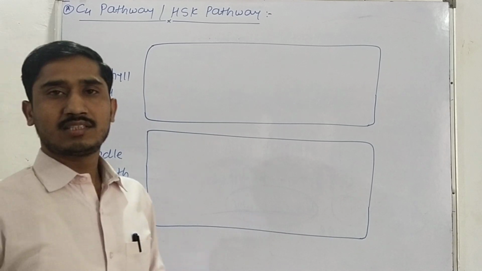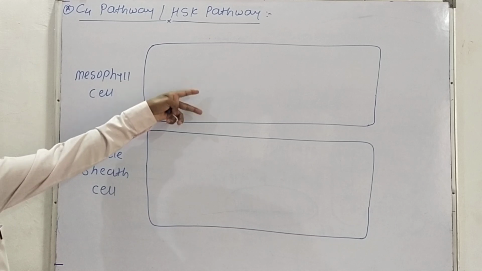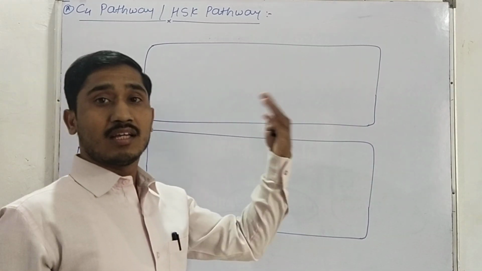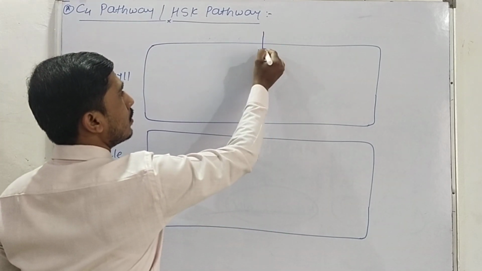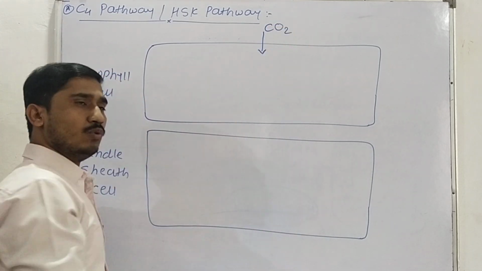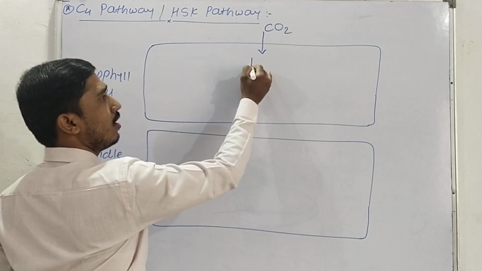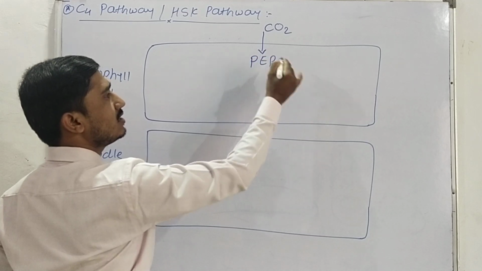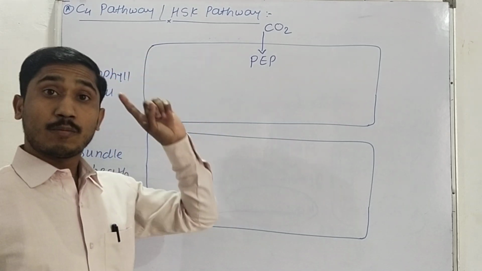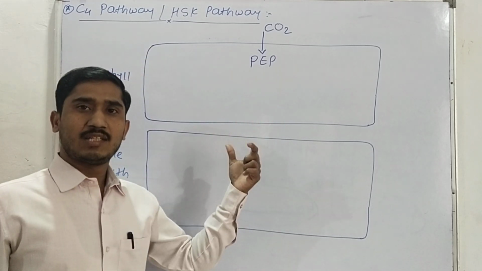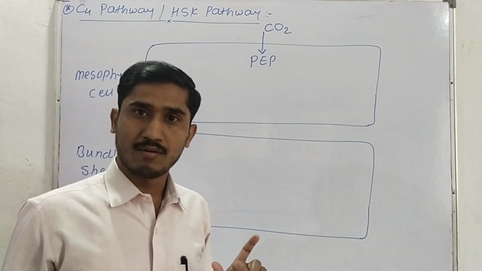C4 plants prepare their food material by using these two cells. So how does this pathway start and how does the cycle get completed? C4 plants accept CO2. In a C4 plant, the first CO2 acceptor is PEP, phosphoenol pyruvate, a 3 carbon compound, whereas in a C3 plant the first CO2 acceptor is RuBP, a 5 carbon compound.